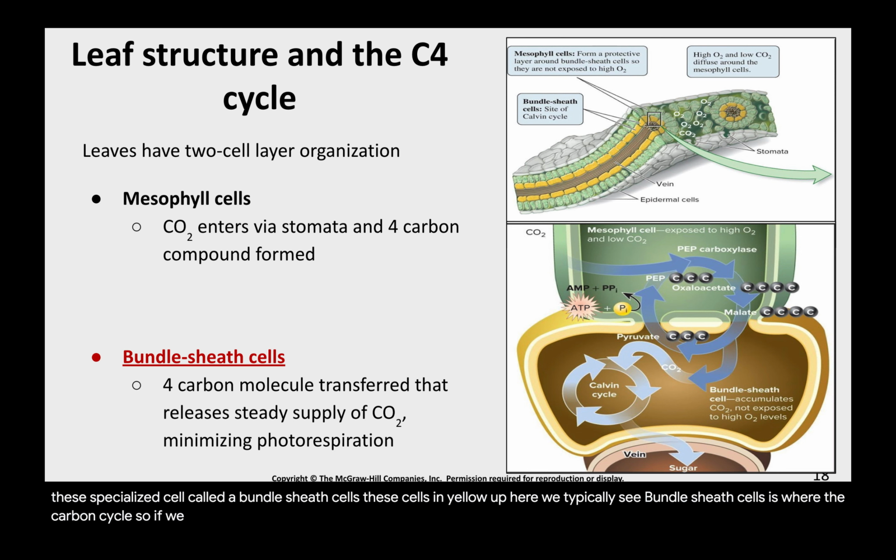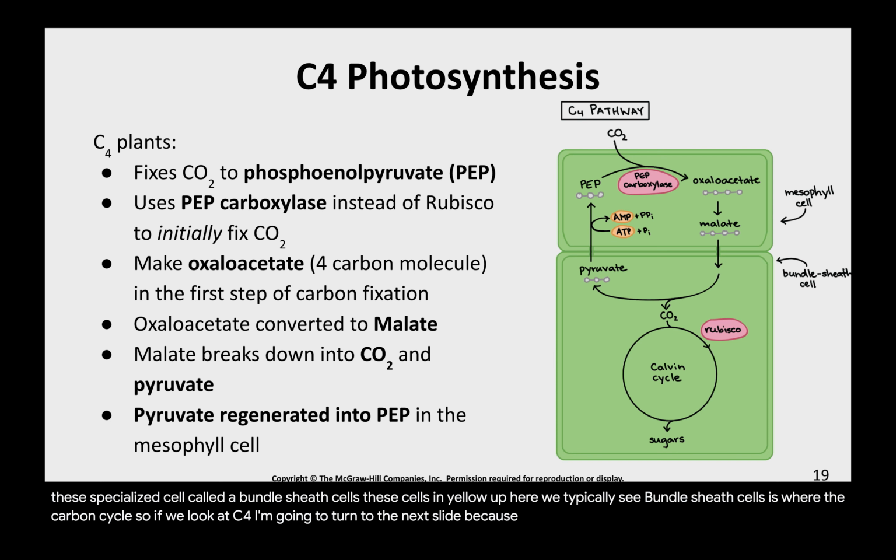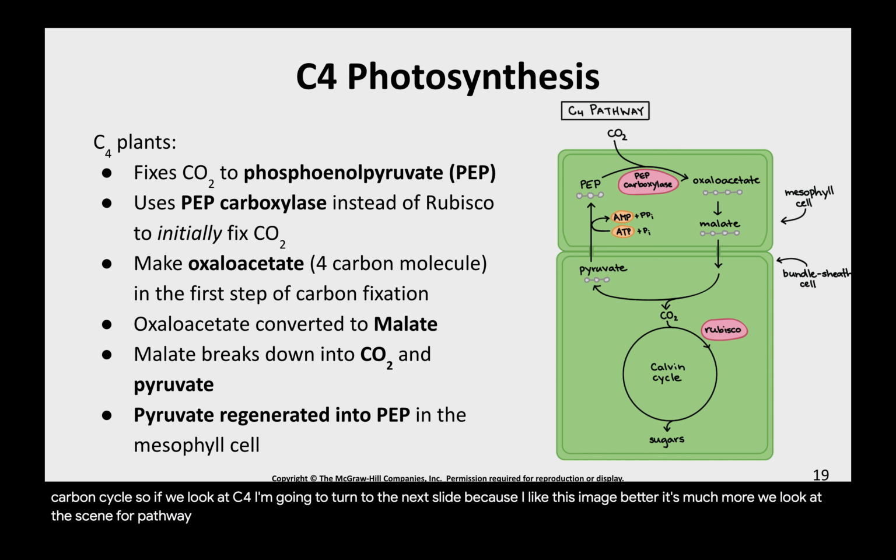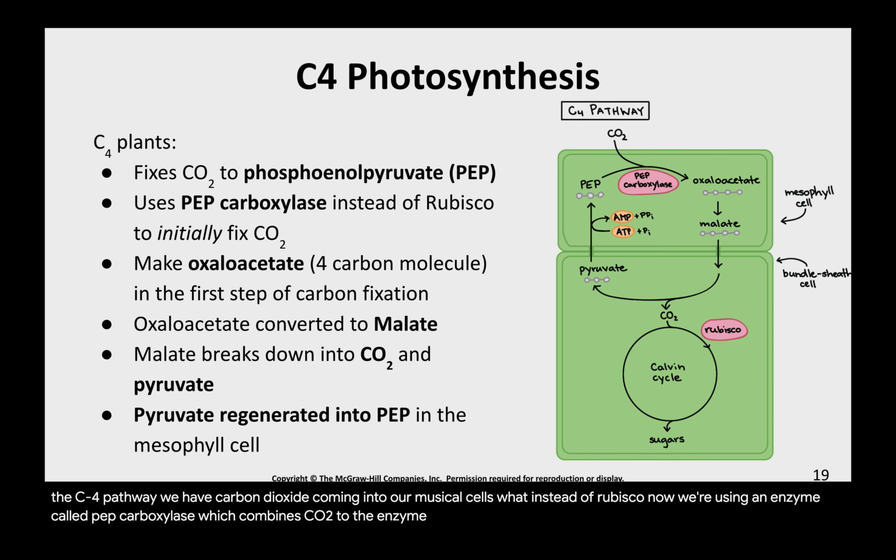If we look at C4, I'm going to turn to the next slide because I like this image better. It's much more simple. If we look at the C4 pathway, we have carbon dioxide coming into our mesophyll cells. But instead of Rubisco, now we're using an enzyme called PEP carboxylase, which combines CO2 with the molecule PEP.